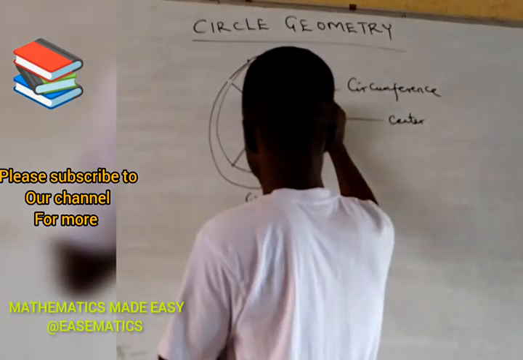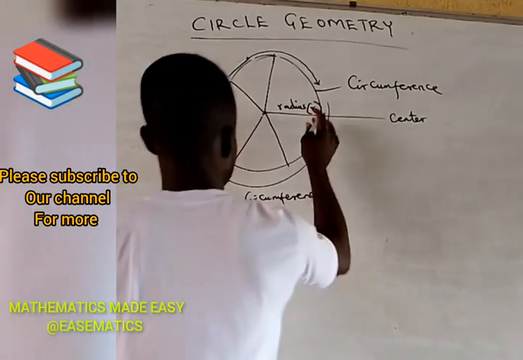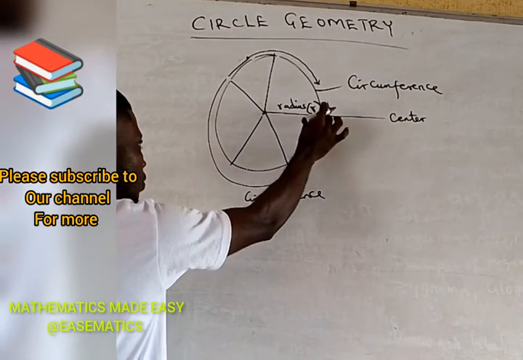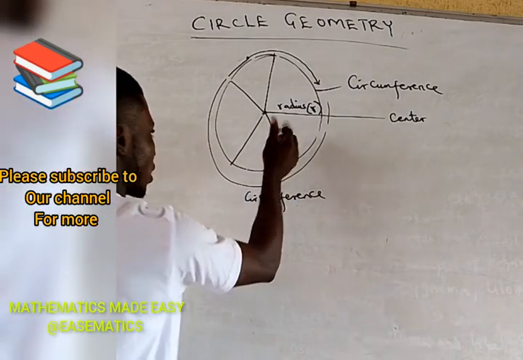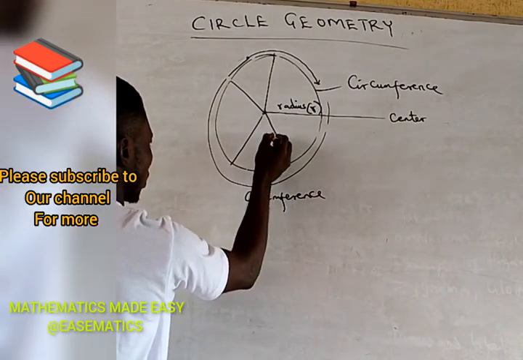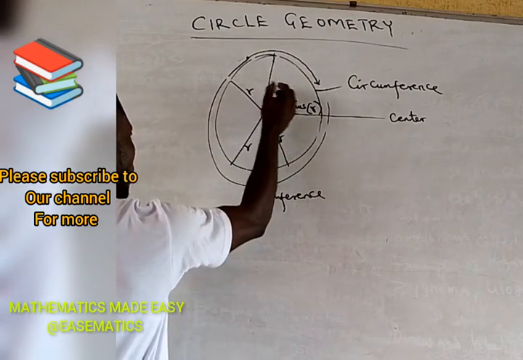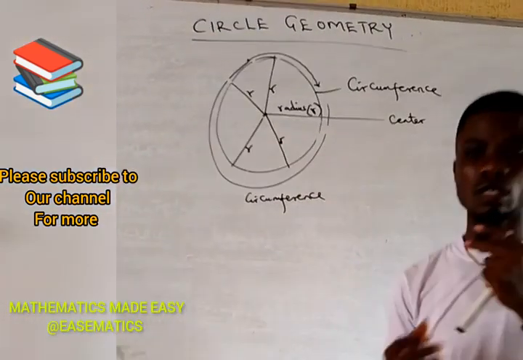So we represent the radius usually with r. If this line segment running from the center of the circle to the circumference is termed a radius, any other line running from that same center to any part of the circumference will still be referred to as radius.